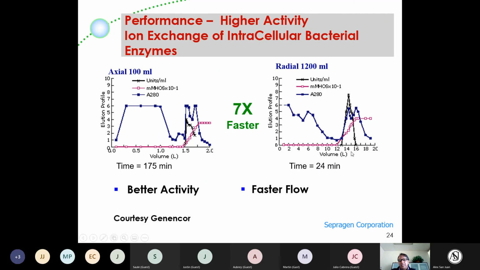We've seen this in other instances: you get better recovery and better activity if you have proteases or DNases in your raw material stream, because they're going to chew up your product. Or you have other time-dependent processes that can be problematic, like dimerization or aggregation. If you run through much faster, then you minimize those deleterious processes that can affect your product quality and your recovery.